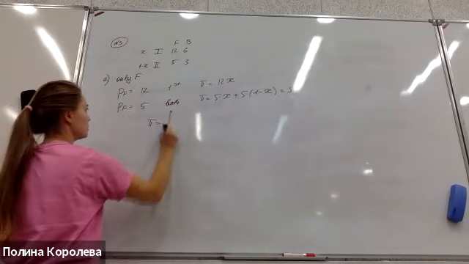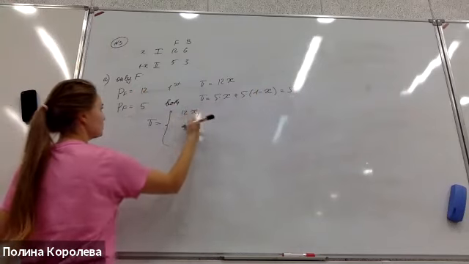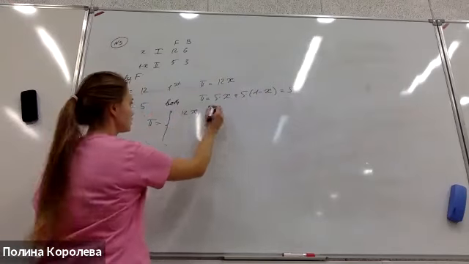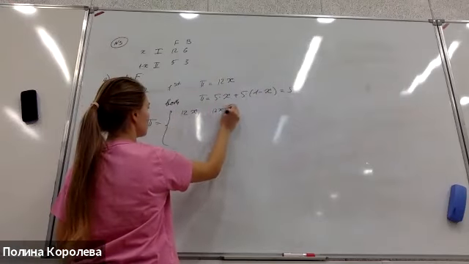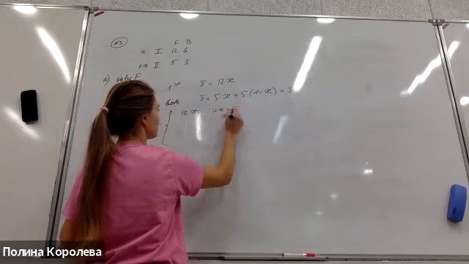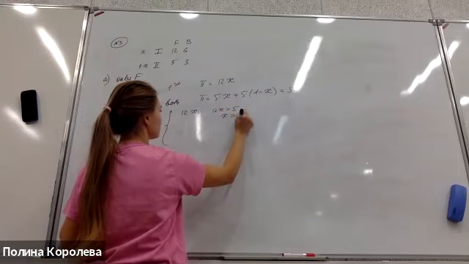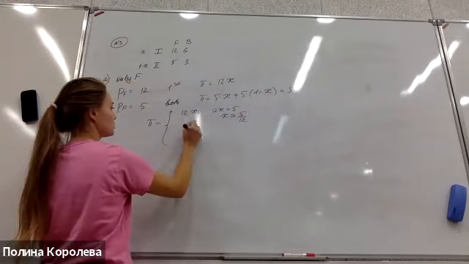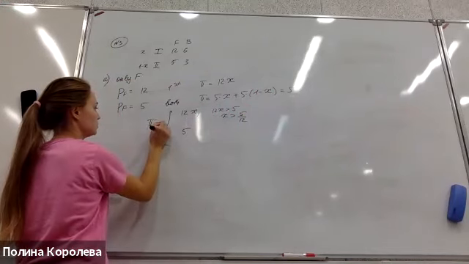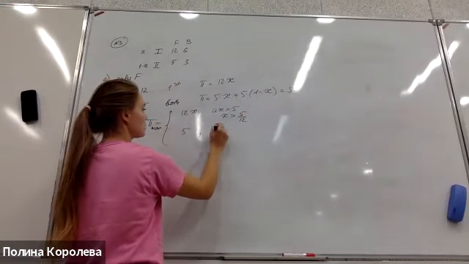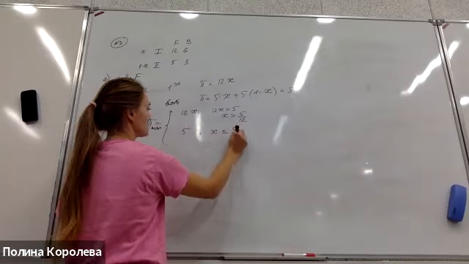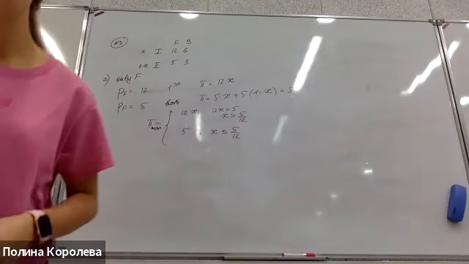Profit will be 12X if 12X is bigger than 5, which is when X is bigger than 5 over 12. And vice versa, profit will be equal to 5 if X is less than or equal to 5 over 12. Easy. Next.